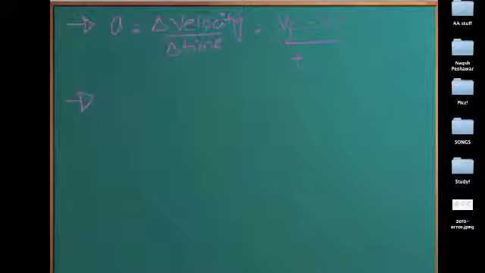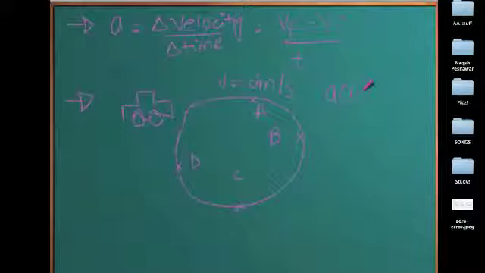What about if a car is moving in a circle with the same velocity at every point, say A, B, C, and D? It has the same velocity at every point, but it is moving in a circle. What do you think? Is it accelerating or no?